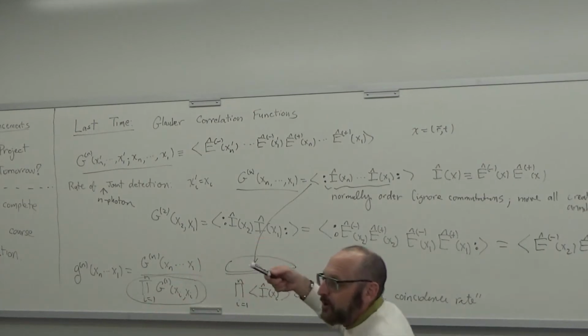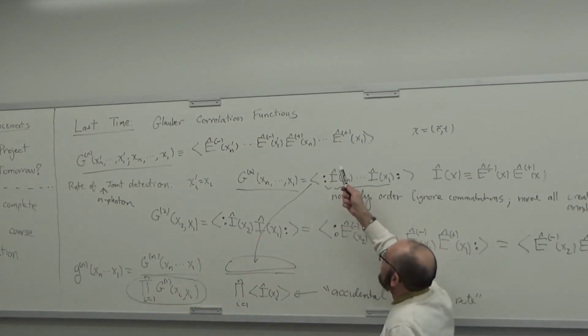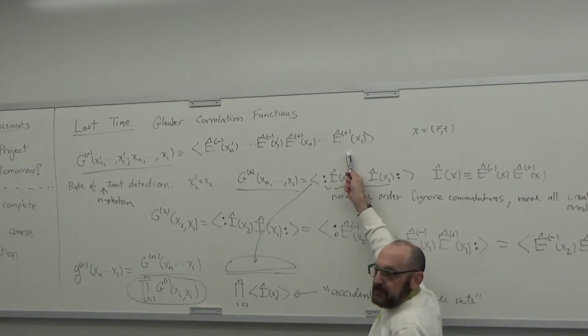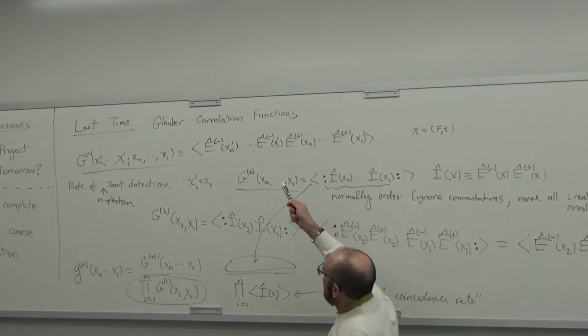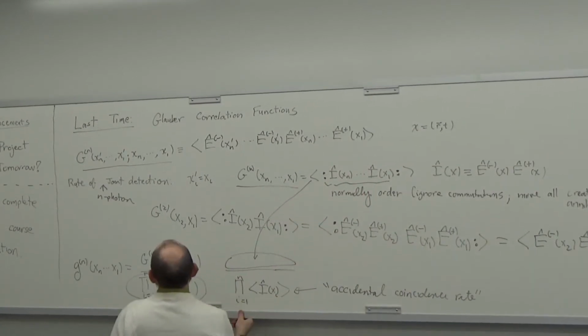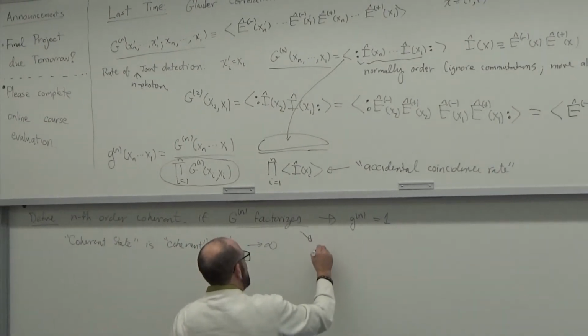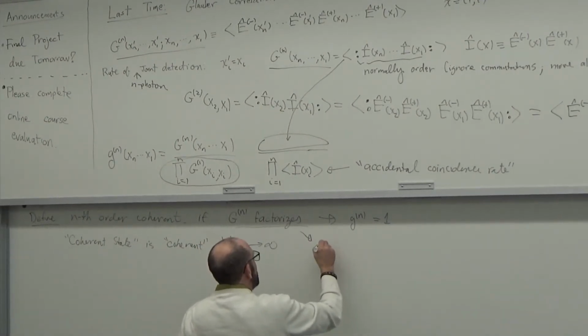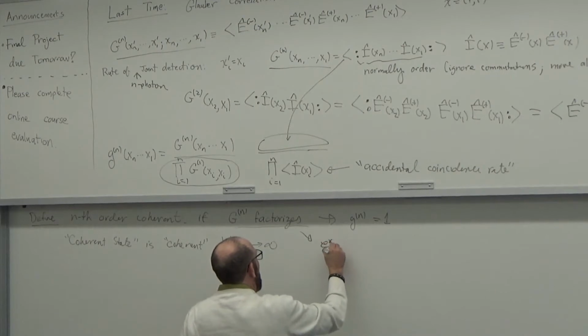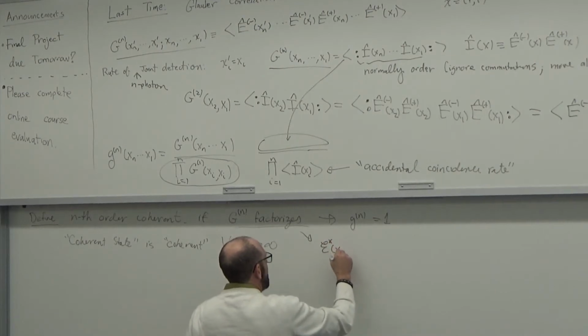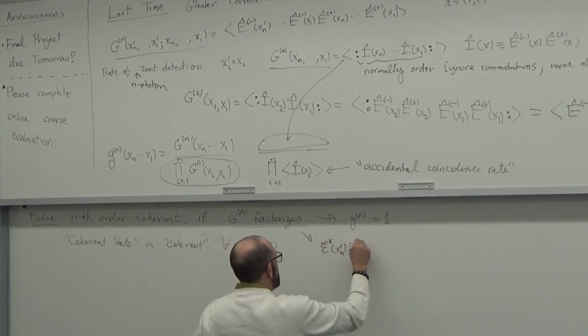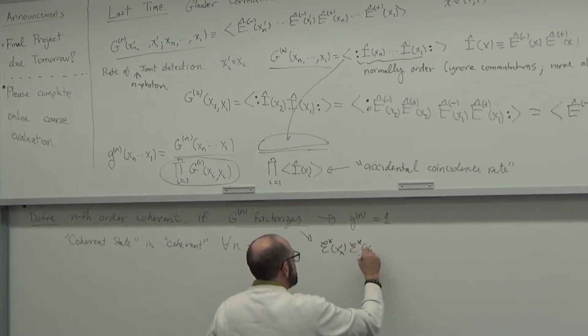It's a multimode coherent state. It will be an eigenvector of E plus. So in a coherent state, this thing would just be equal to the classical amplitude at each of those space-time points.